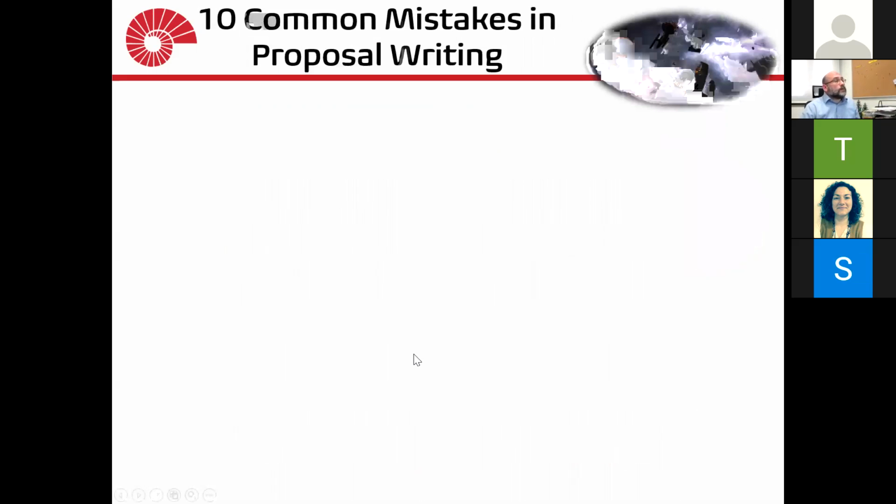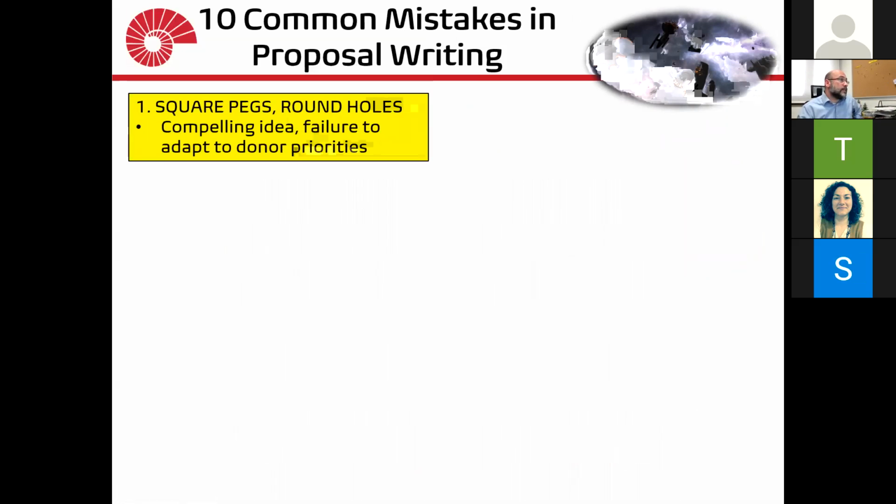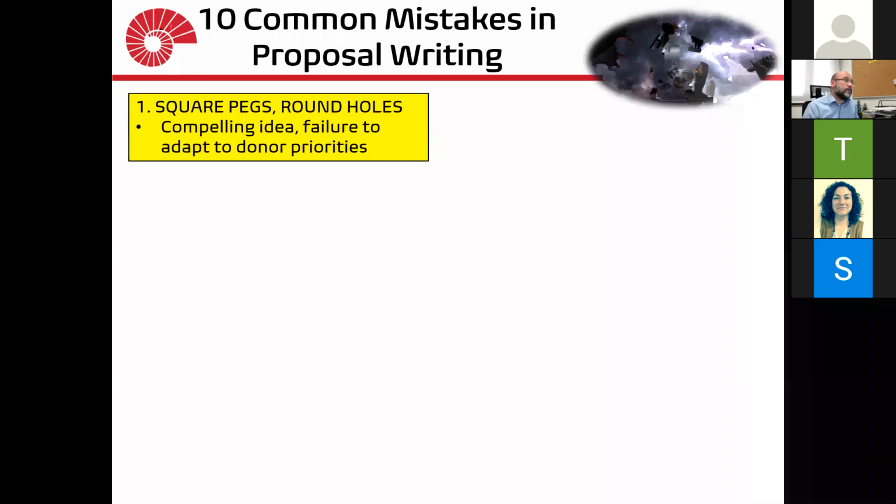I want to talk about some common mistakes in grant proposal writing next. I want to first underline that your pegs might be square, but they might be for round holes, which means, yes, the main idea in your grant proposal might be compelling, but it can often fail to adapt to the priorities of the specific scheme that you are applying to.